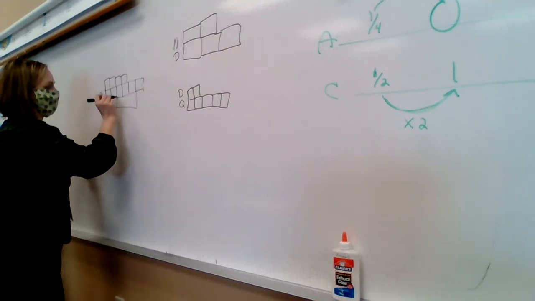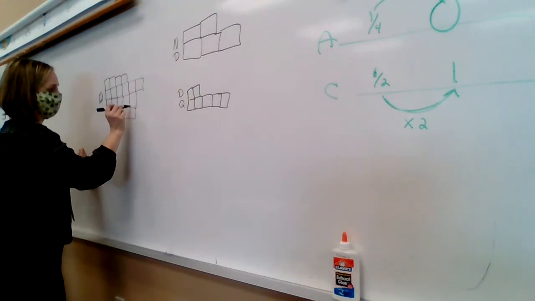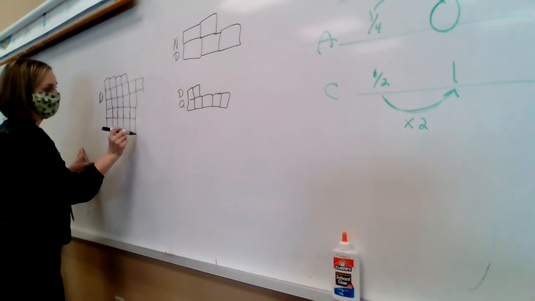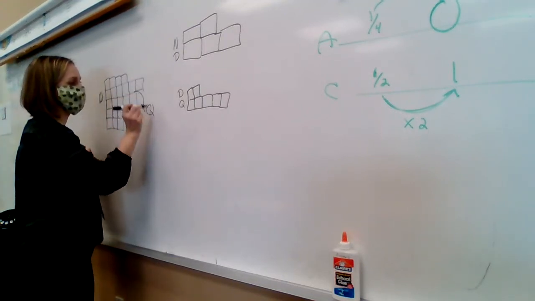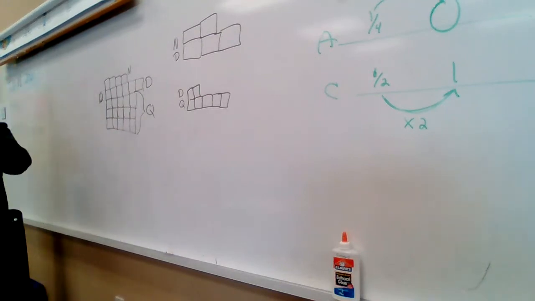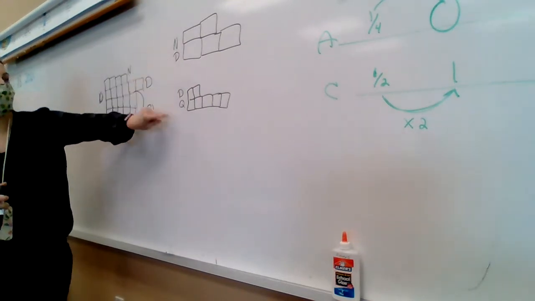I'm just going to do this. These are quarters, dimes, and nickels. Give me a thumbs up if you follow what I did. I found a way that we could have the same number of dimes and look at nickels and quarters.